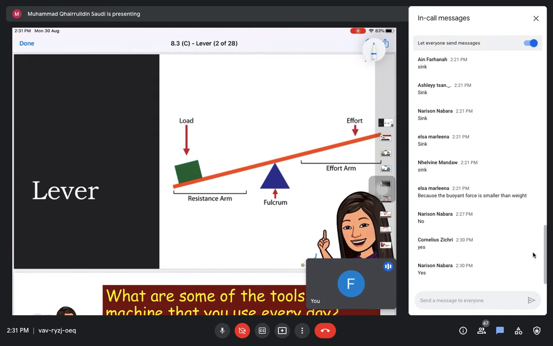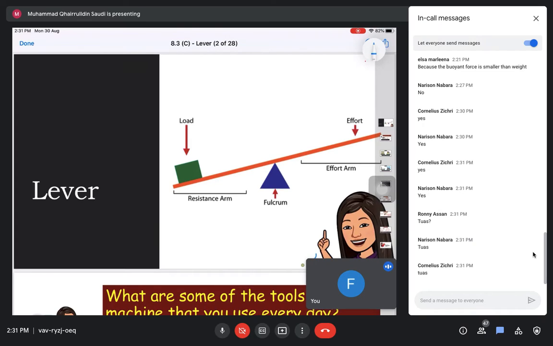Have you learned about lever in primary school before? Yes, good. So what is lever in bahasa Melayu? Yes, tuas. Okay, so you already learned about lever in primary school.